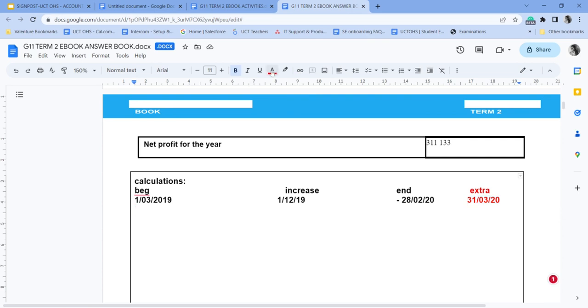So our calculations here, our understanding is that obviously we need to figure out the months. So the months before increase. So I'm just going to say before increase. So the months before increase is how many months? So for you, your before increase is from the 1st of March when we open our books all the way to the 1st of December. So you can just count using your fingers.